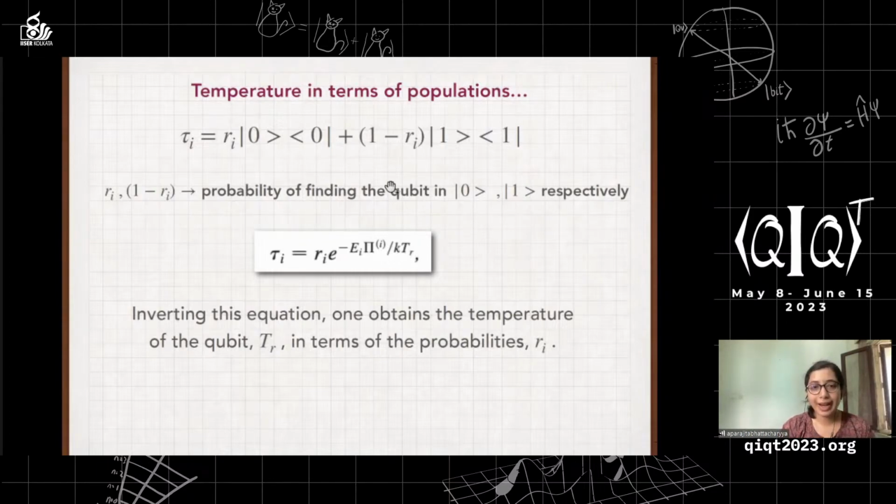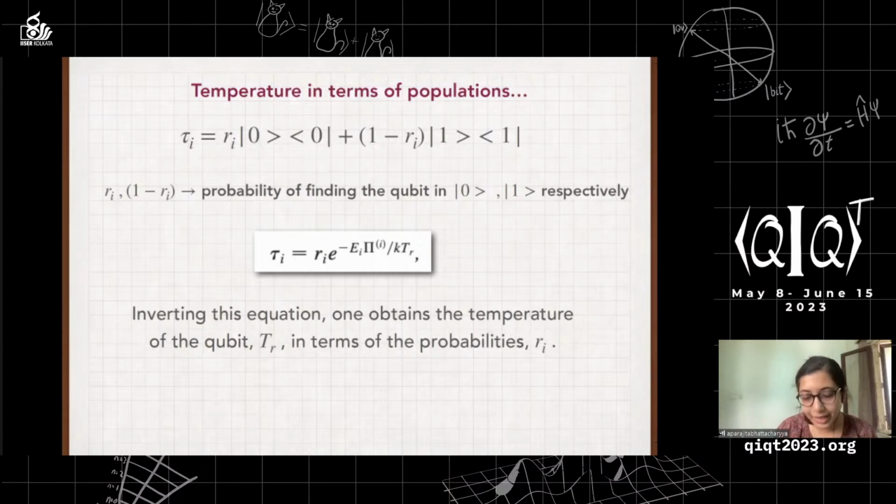From this equation we know Ri, and therefore by inverting this equation we can obtain the temperature of the ith qubit, Ti, in terms of the population of the ground state energy level, Ri. So this is how they define the temperature in their refrigerator model.